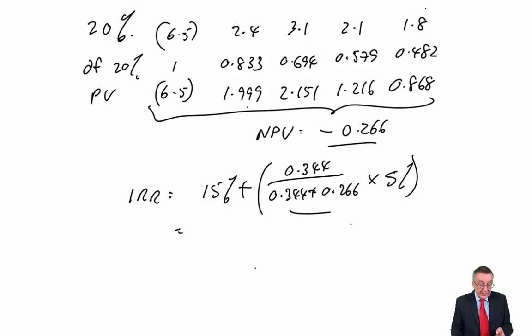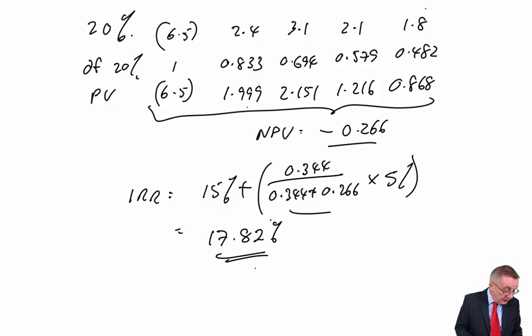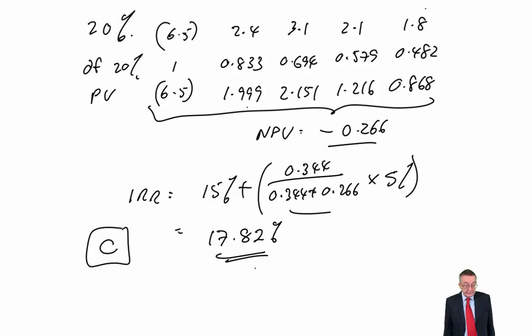So this bit I get to be 2.82 plus 15. I get 17.82%. Is that one of the choices? Yeah, they didn't do one decimal place, so 17.8. The answer is C.